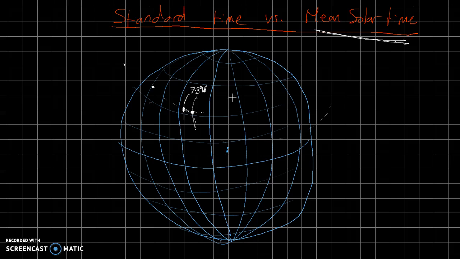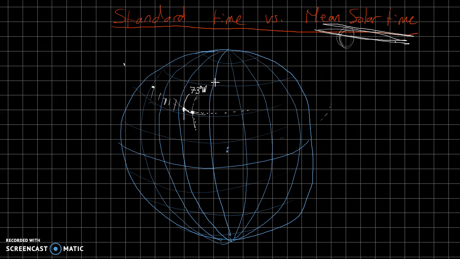So every single longitude in the world will have its own unique measurement of mean solar time, which means that as you're traveling eastward or westward, you must be continuously adjusting your clock to match the mean solar time of your current location. Of course, this is not practical. That's why we divided the Earth into 24 reference meridians, which are all the hour meridians that separate the Earth into time zones.